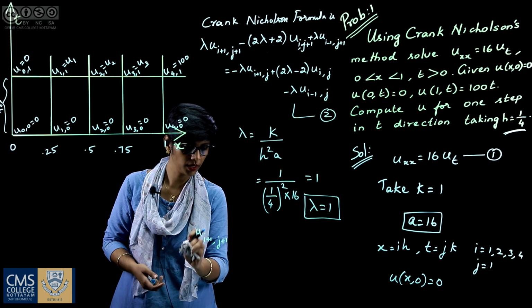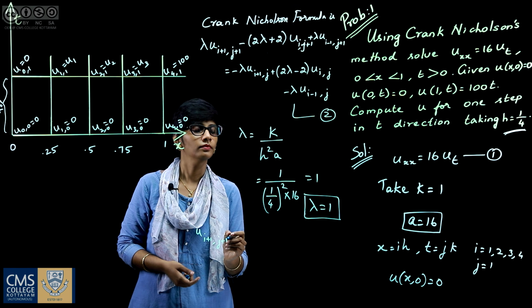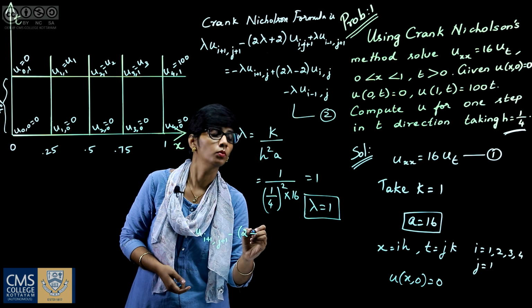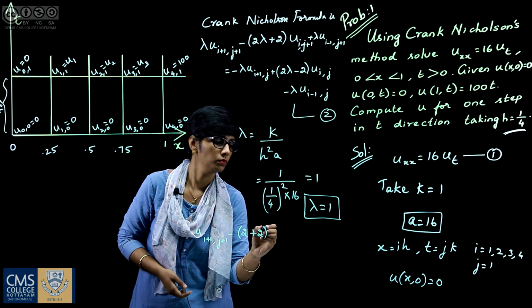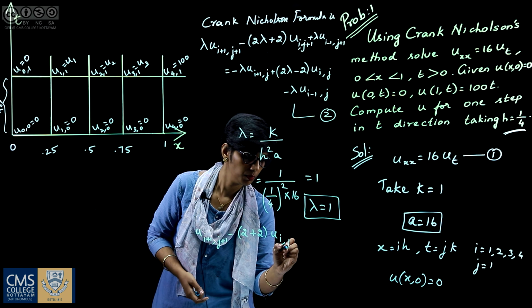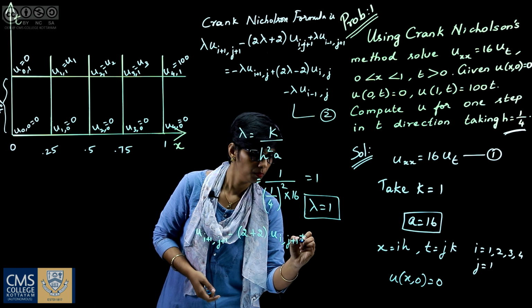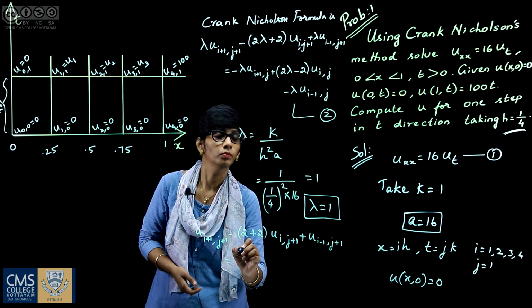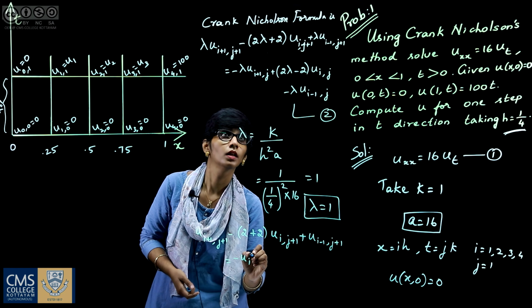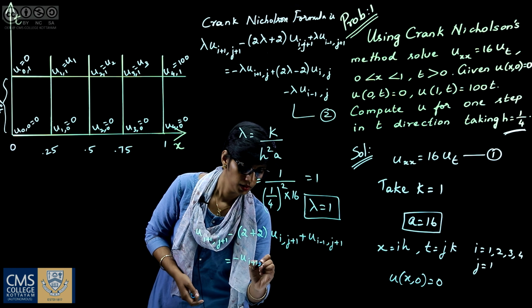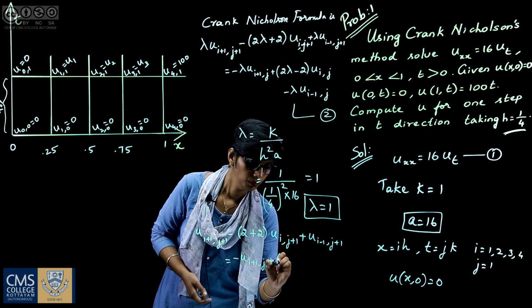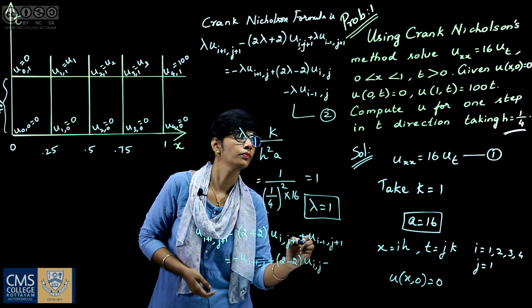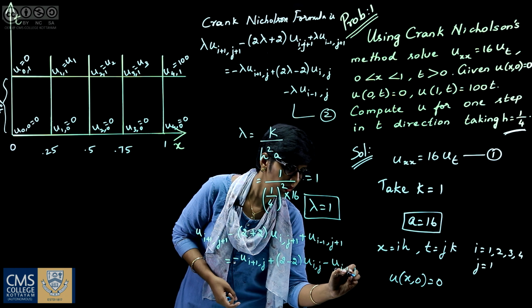We get u(i+1, j+1) minus (2 + 2) u(i, j+1) plus u(i-1, j+1) equal to minus u(i+1, j) plus (2 minus 2) u(i, j) minus u(i-1, j).